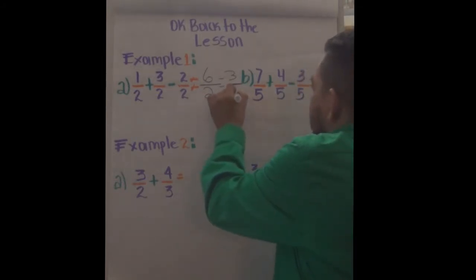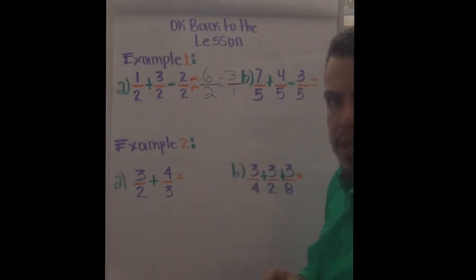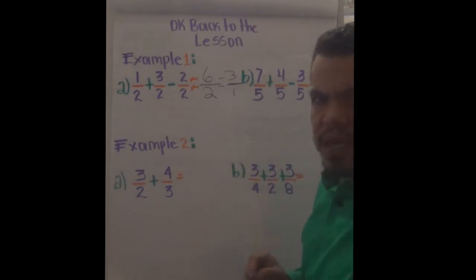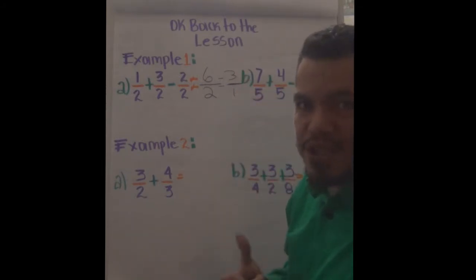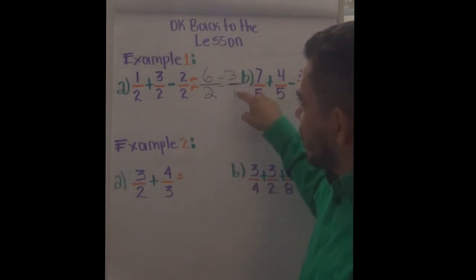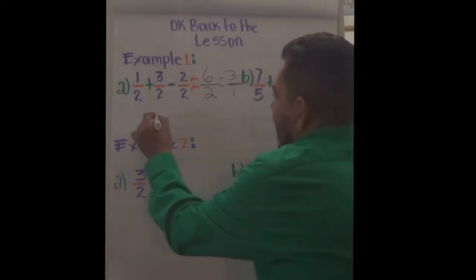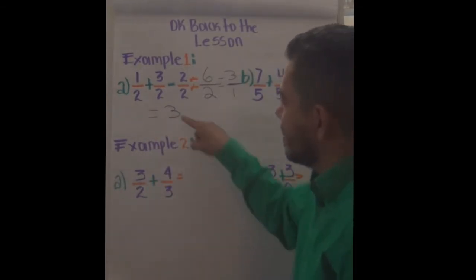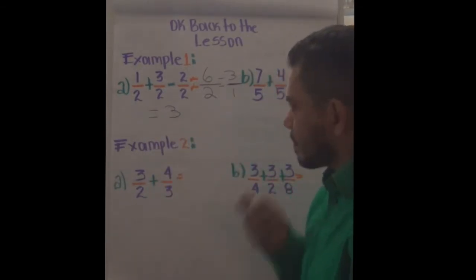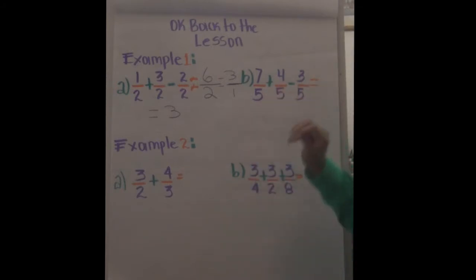Yes. Which is 1. So our final answer is 3 over 1. Now 3 over 1 is what we call a fraction, a rational number. 3 over 1 can be rewritten as 3. Got it? Alright then.